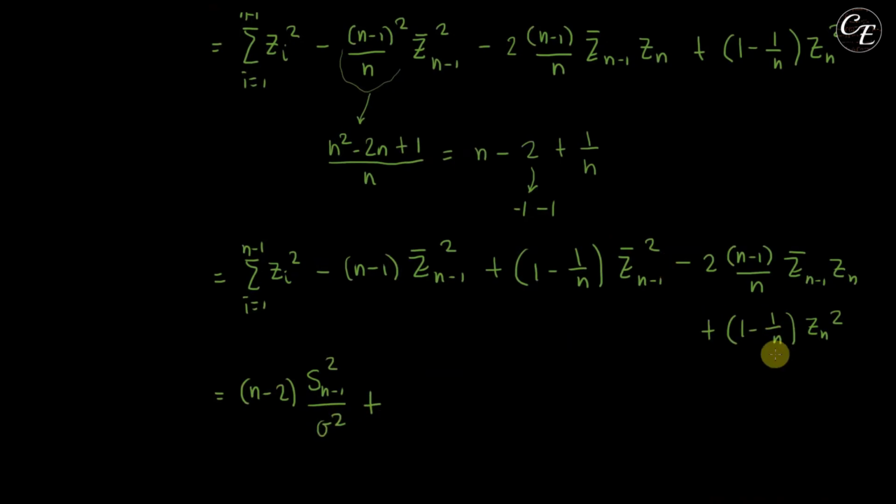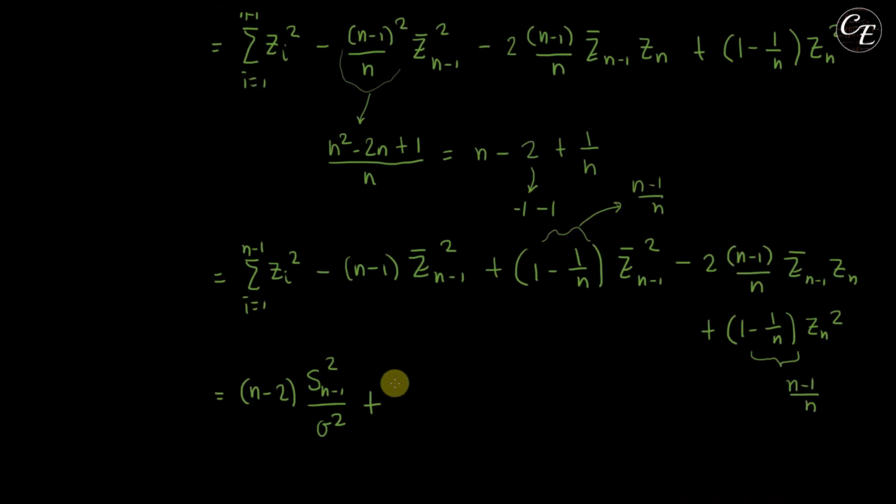Now for this one, this is n minus 1 over n, because n over n is 1, then minus 1 over n, which is the same with this one, and also this one. This can be n minus 1 over n. Then we have a common term in here, this one and this one.